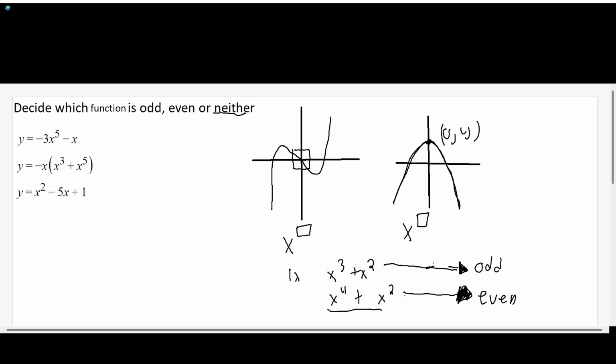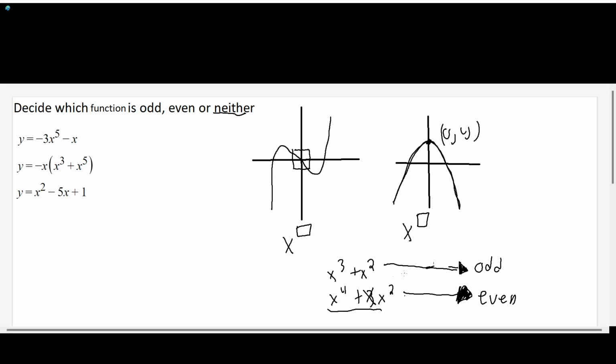But what really matters is the numbers beside it, like x squared. If, as I accidentally made earlier, let's go to the even one, 3x squared, that's wrong. We cannot have this 3x because that will shift the odd or even graph.